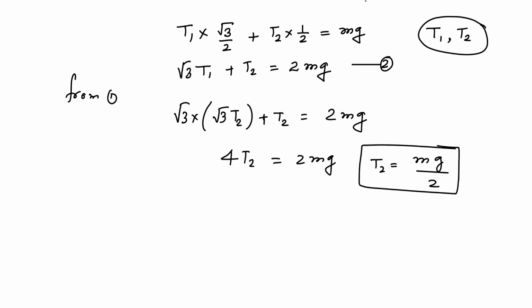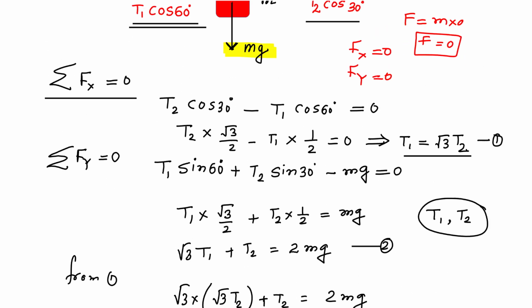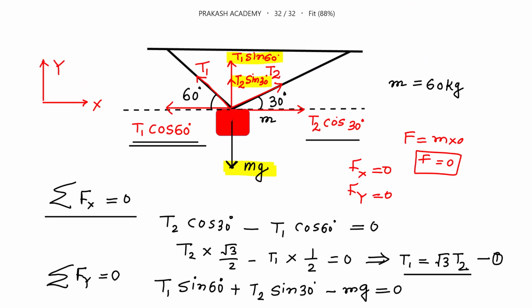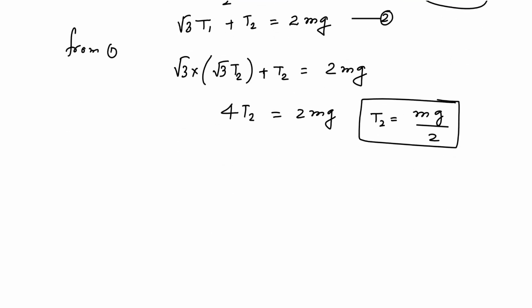The mass of this block is given, which is 60 kg. So if you plug in this value, T2 is equal to 60, and let us assume g is 10 meter per second squared. So 60 into 10 divided by 2 is 300 Newton.